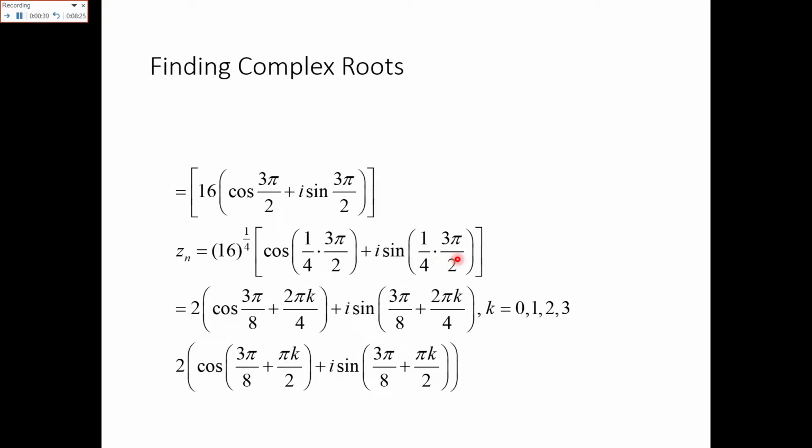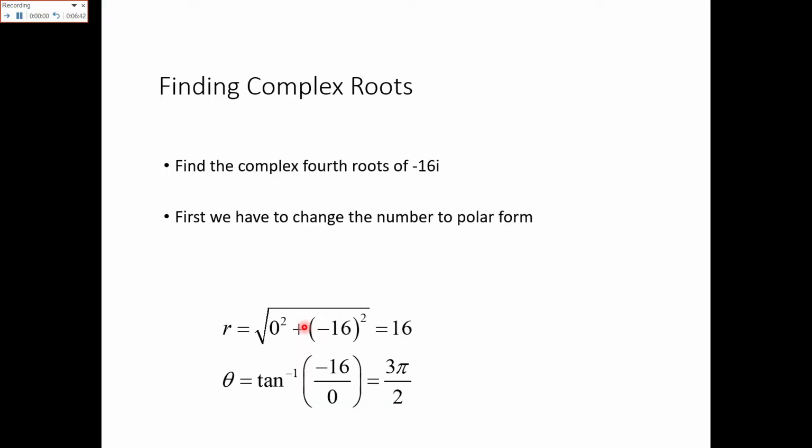Now we will expand it further. 16 raised to power 1 over 4 is 2, cos of 3 pi over 8 plus 2 pi k over 4.